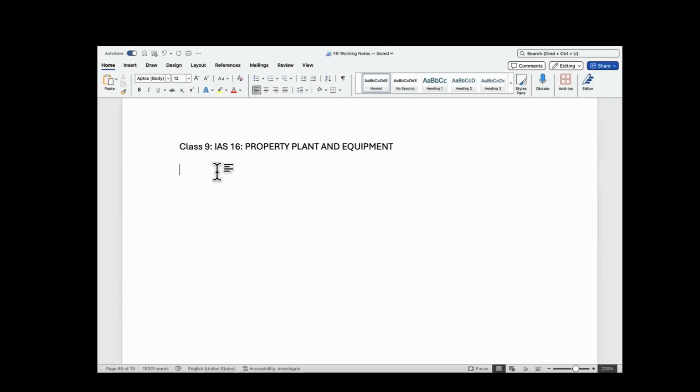So IAS 16 on property, plants, and equipment. So what do we have? What's our coverage here? What we want to look at in this standard, I'll start with definition of what PPE is. Then I will quickly move on to recognition of PPE.